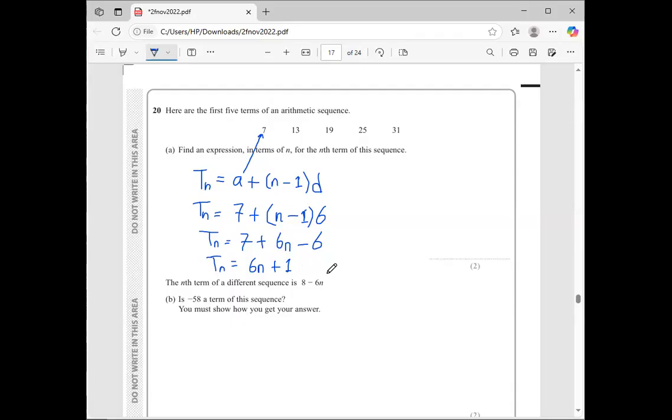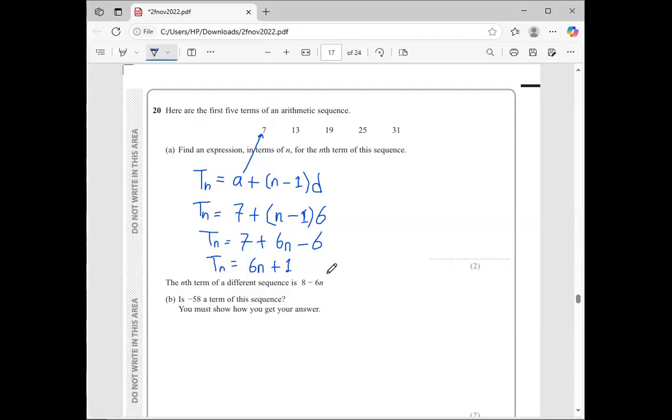Now, look at the next question very well. You will see that they've told us that the nth term of a different sequence is 8 minus 6n. The question is, is -58 a term of this sequence? You must show how you get your answer.